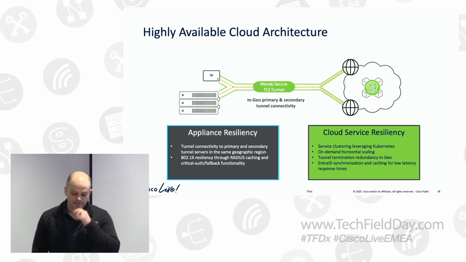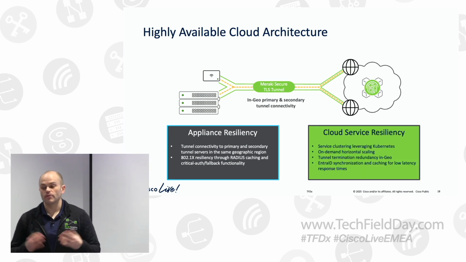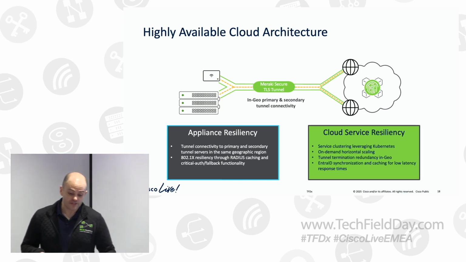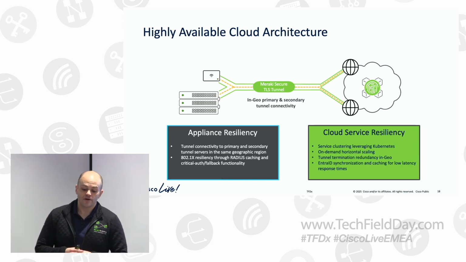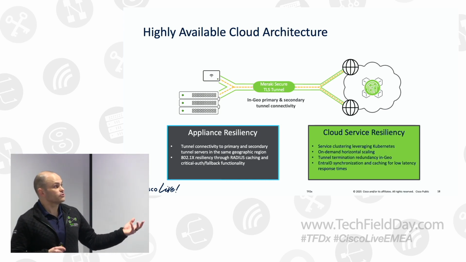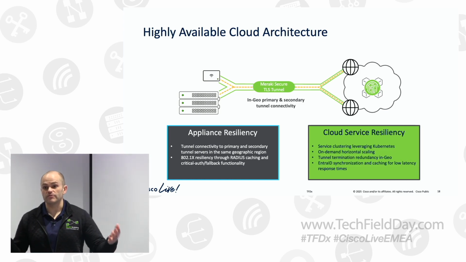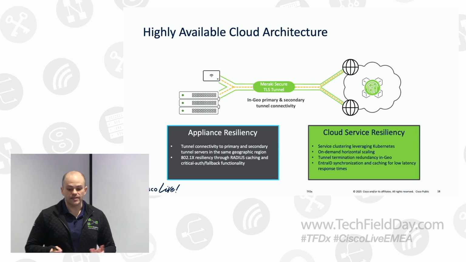Cloud service-wise, we are using Kubernetes and service clustering. This allows us to do horizontal scaling really quickly and to be able to support many sessions concurrently. Once again, from that tunnel termination, the services are available behind those tunnel endpoints, so there's no rerouting and adding in tons of latency.